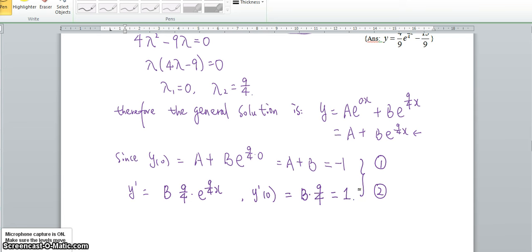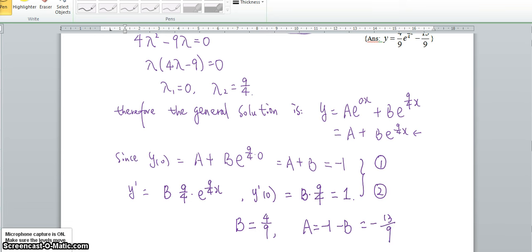Can we find the value for a and b now? Yes. From equation 2, it's not difficult to tell that the value for b is 4 over 9. And then you bring this value back to equation 1 up here. You can solve a, which is negative 1 minus b, which is negative 13 over 9.